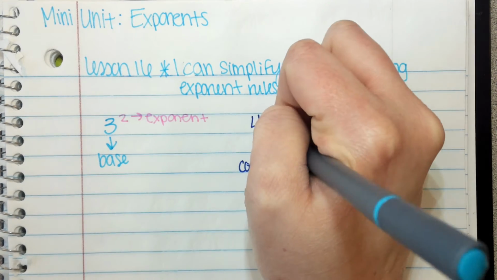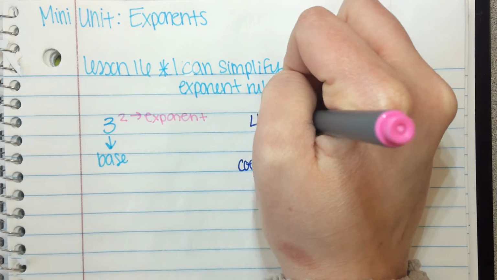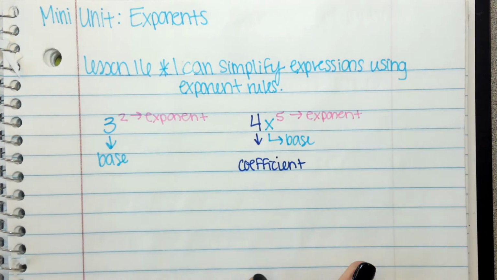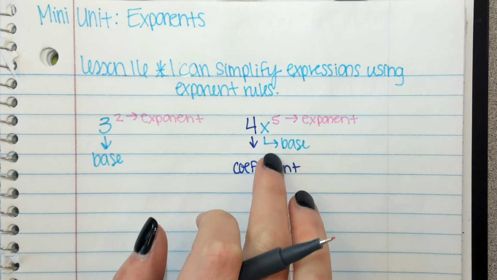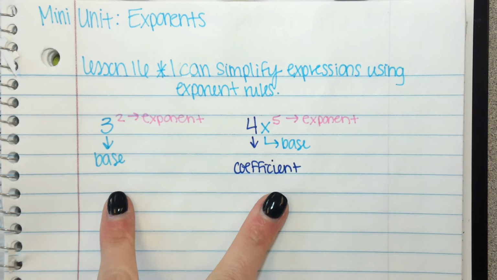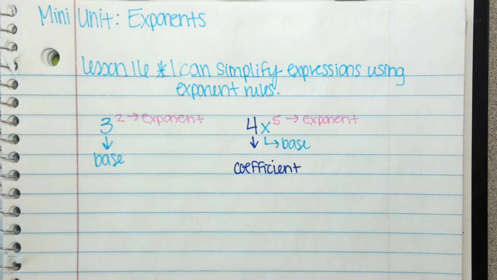That x is my base, and that 5 is my exponent. And as we talk about the rules, you're going to have to know the difference between a coefficient, a base, and an exponent. Okay? And so make sure that you know the difference if you need to. If you don't know, then write these 2 examples down. They'll be very helpful for you moving forward.